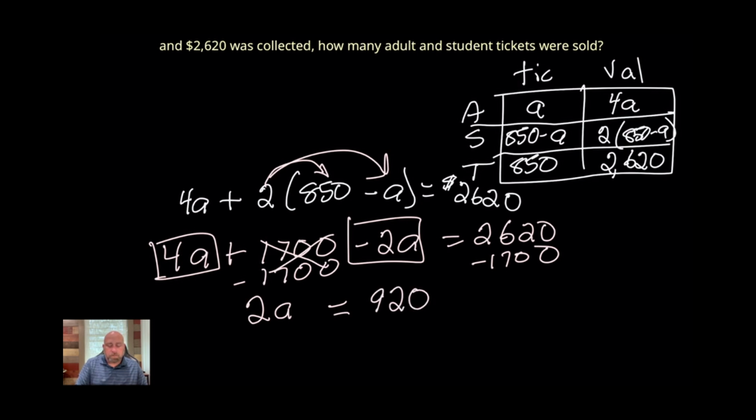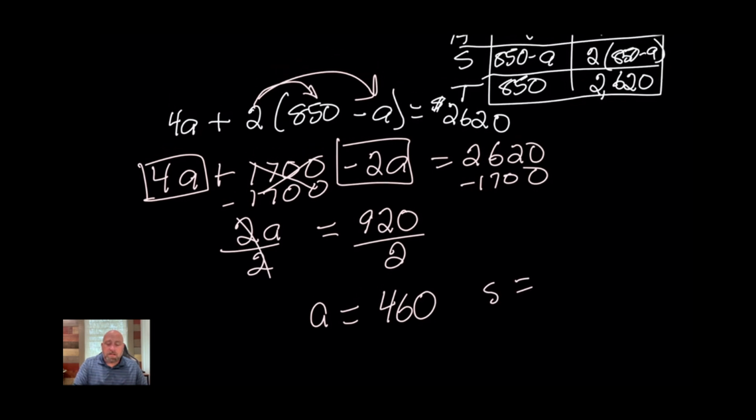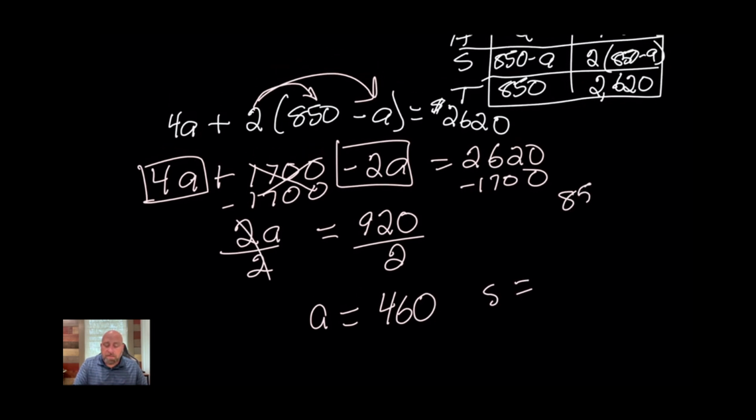920. Divide both sides by 2, and we have the adults that came. The adults that bought tickets are going to be 920 divided by 2, and that's going to give us 460. Now, to get the student tickets, we're going to take the total, which was 850, and subtract the 460, and that's going to give us 0.